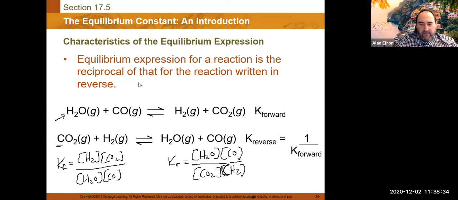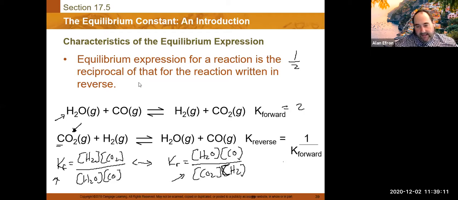So what is the relationship between these two? They are the inverse of each other, right? If you take 1 over this one, it flips and becomes the other. So if you have a reaction and they tell you this one has a value of 2, for example, just a made-up number, but you want to know the equilibrium value for the reversed reaction, you would take 1 over 2, which is 0.5. That would be your equilibrium constant.